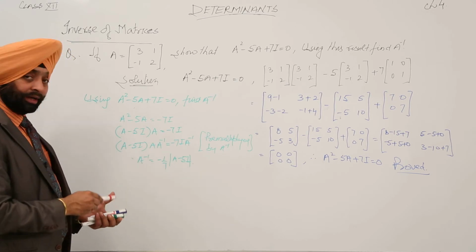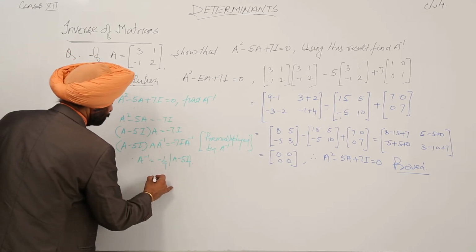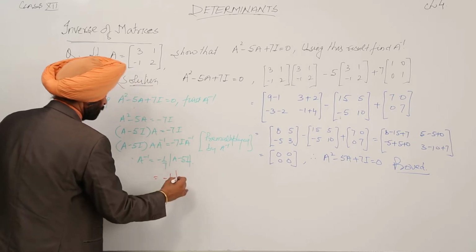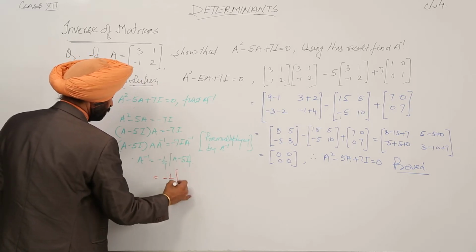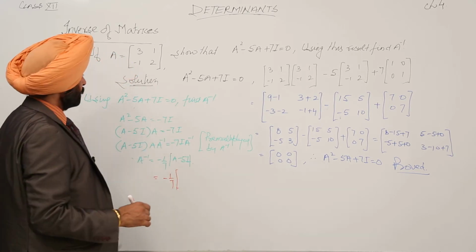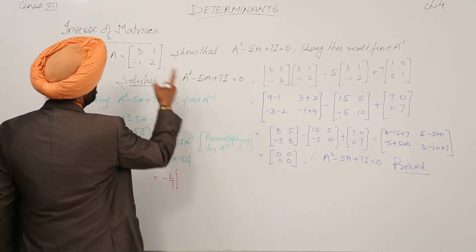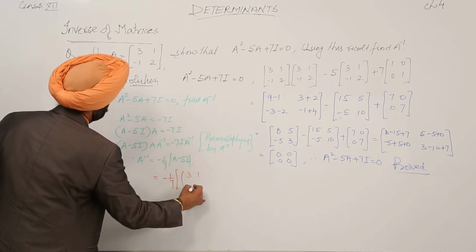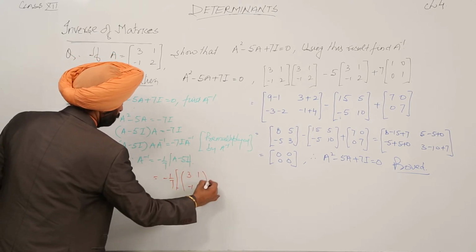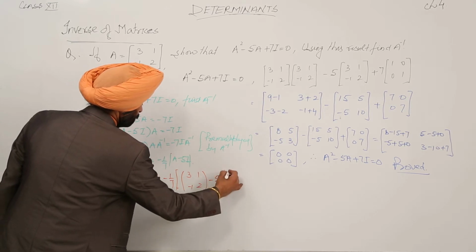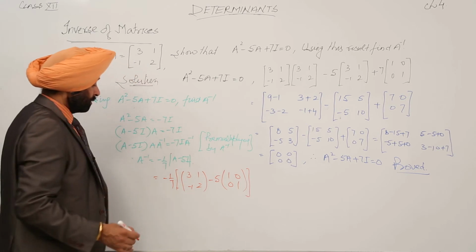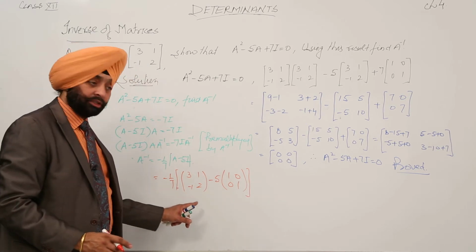Now let's find this part. This is equal to minus 1 by 7 times A, which is [3, 1; -1, 2], minus 5 times [1, 0; 0, 1]. Remember, we can write the matrix in this manner also.